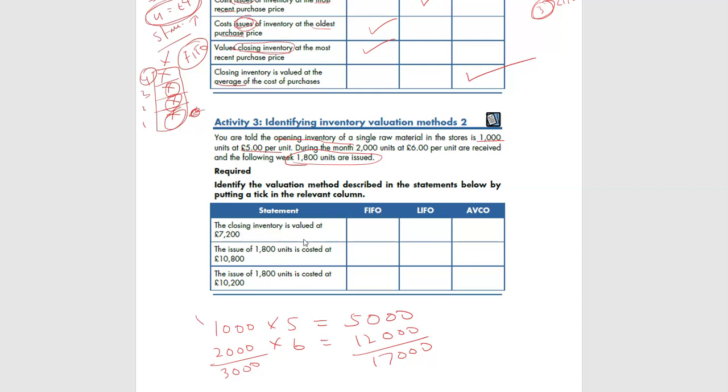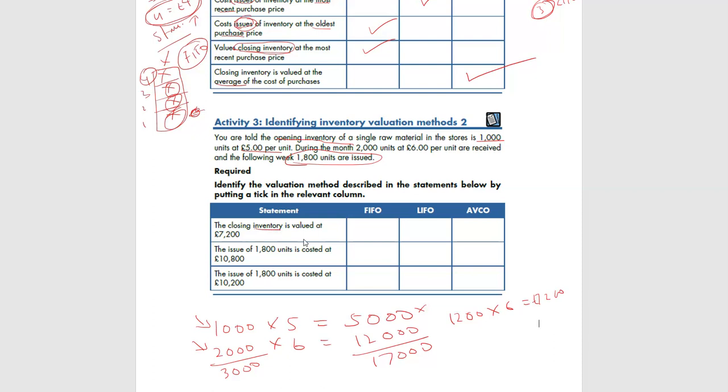So this 1000 will be gone, and another 800 will be gone from the 2000. So it will remain 1200, and 1200 times 6 gives me 7200, and that's correct. So 7200 will be the value of closing inventory if I issue with the method of FIFO.